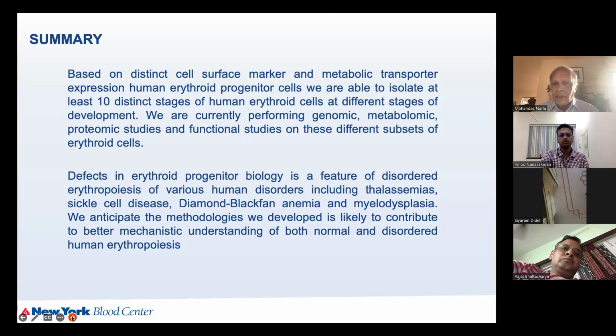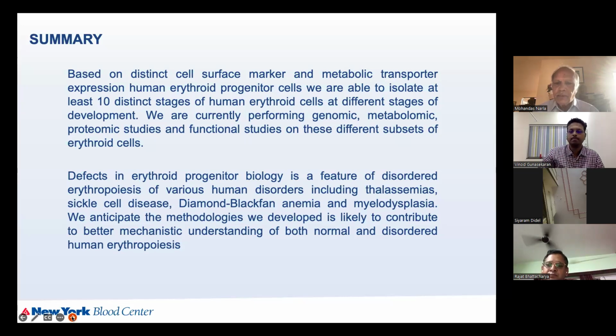And defects in erythroid progenitor biology are a feature of disordered erythropoiesis in various human disorders, including thalassemia, sickle cell disease, Diamond-Blackfan anemia, and myelodysplasia. We anticipate the methodologies we develop are likely to contribute to better mechanistic understanding of both normal and disordered human erythropoiesis.